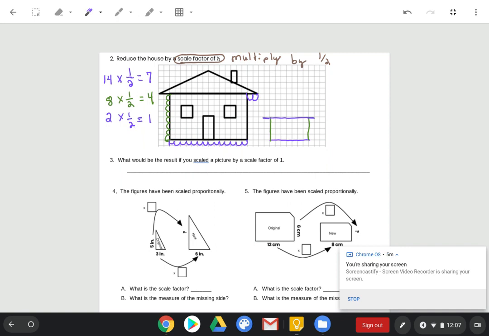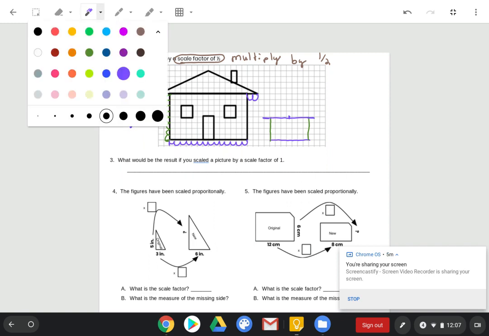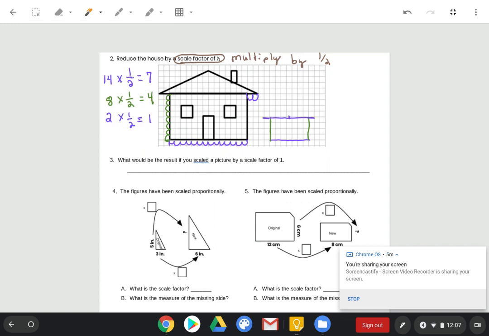Now, let's think about the roof. Okay, the roof is centered, and the center of my figure is right here. I just drew a dot. But let's look at how tall or how high up our roof is. So our roof from the center peak is 1, 2, 3, 4 units high.